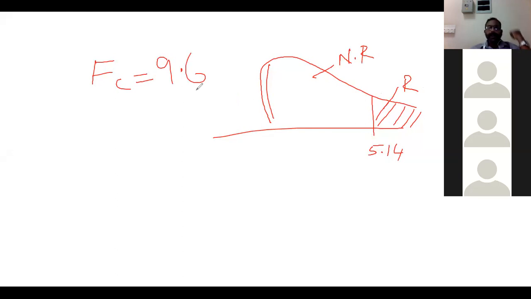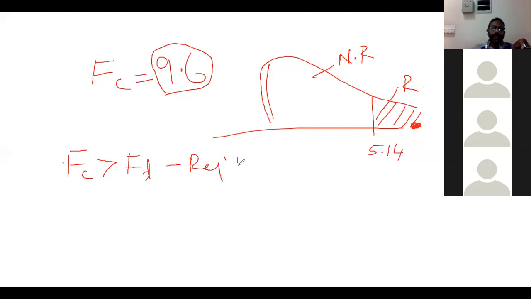So this 9.6 is falling into which region? It is falling into the rejected region. Why? Because this 9.6 is falling somewhere there on the scale. So what is our conclusion? Since our calculated value is greater than the table value, we reject our null hypothesis.